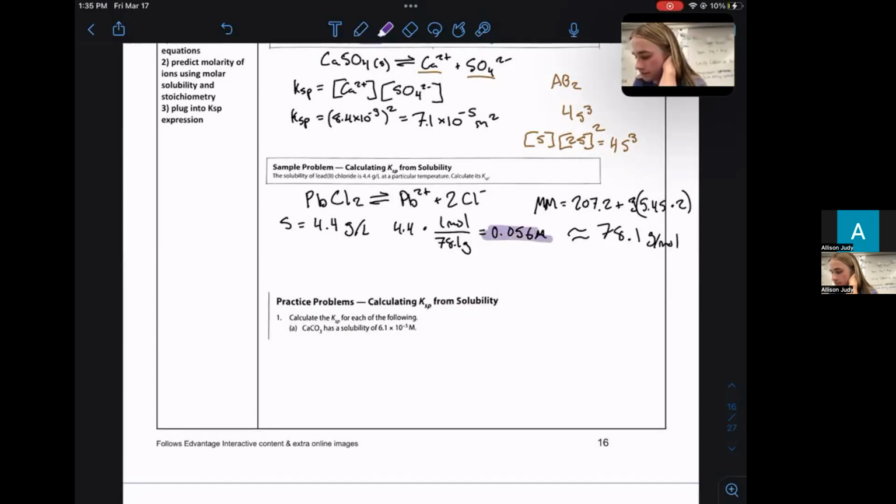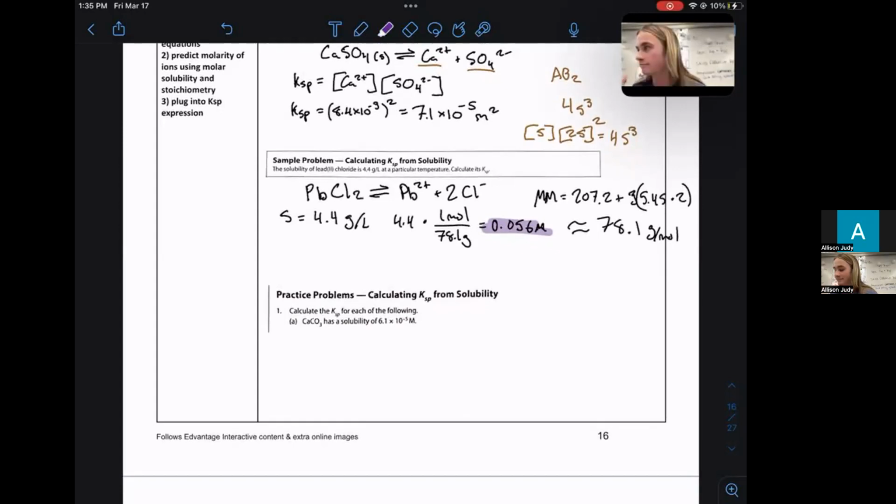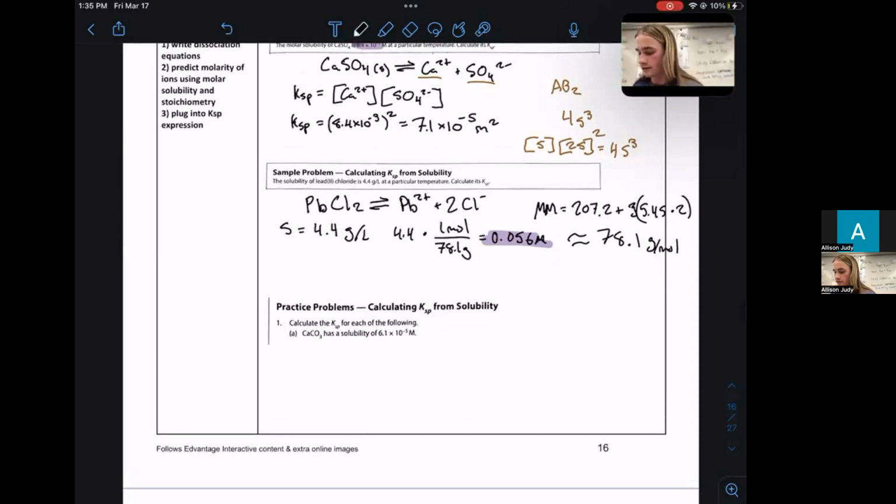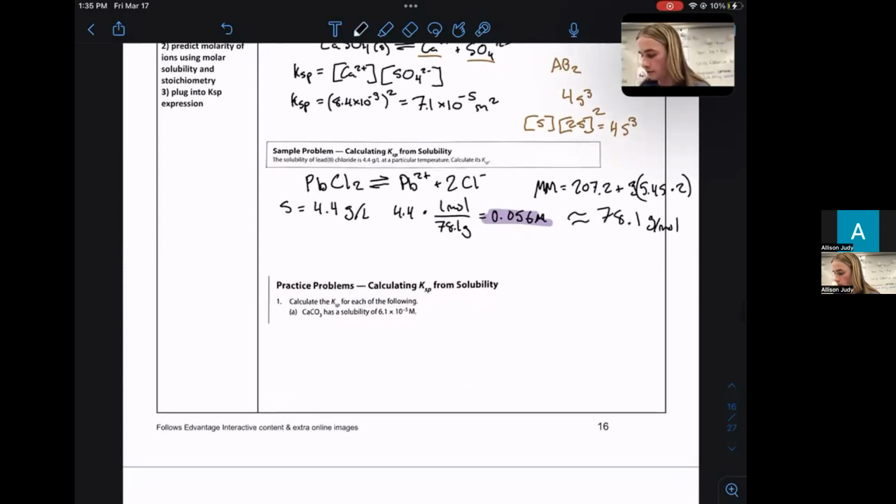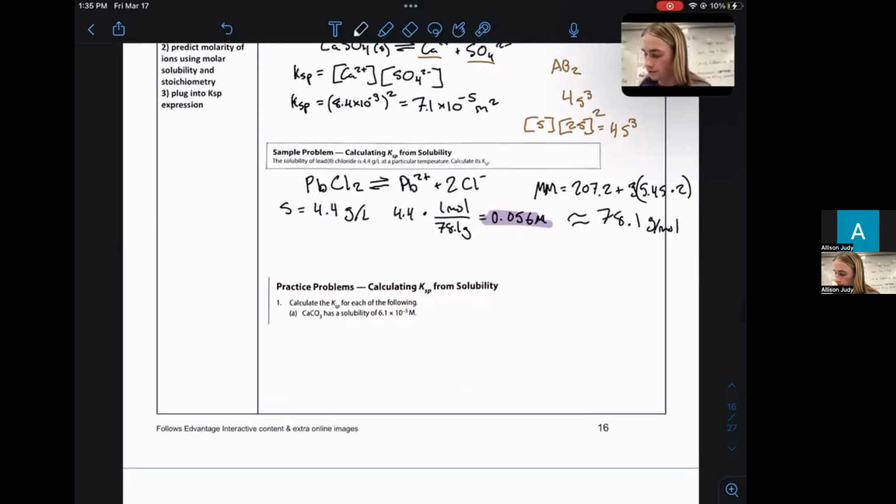Is that what people got for molar solubility? Okay, 0.58. All right. Yeah, rounding errors, but something like that. And then this is an AB2 salt. You're going to end up with the molar solubility times twice the molar solubility squared, or 4s cubed. You can write it all out, or you can just do 4 times 0.056 cubed.